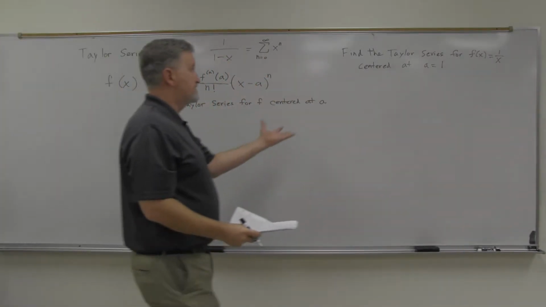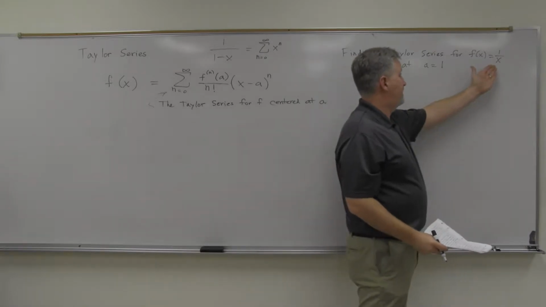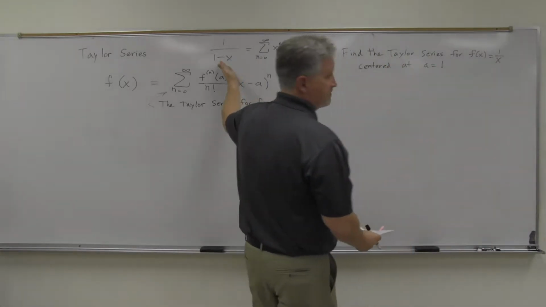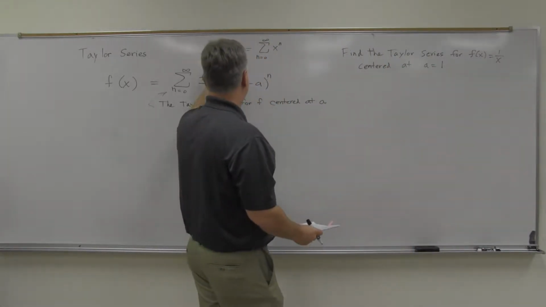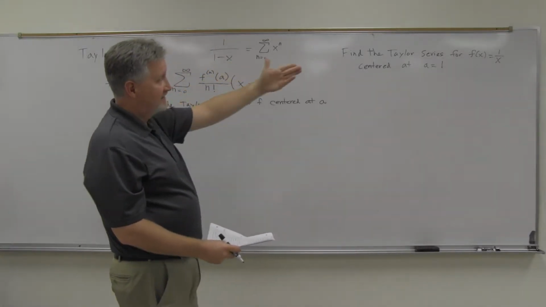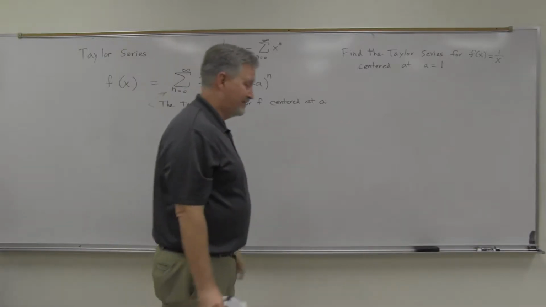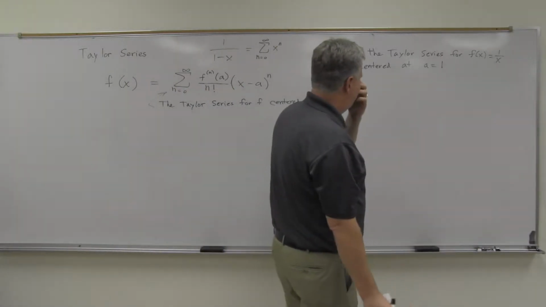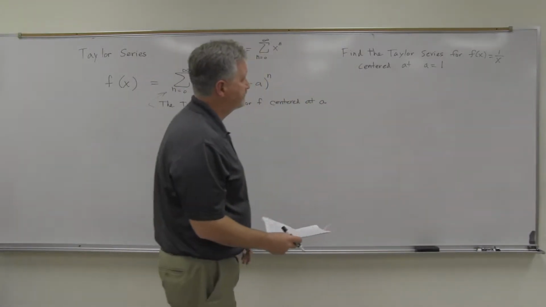This is the very first one right off the bat, and we'd have a hard time using the earlier form to do that, because in that form, you need it to be 1 minus x. That's going to be hard to do with 1 over x. So, anyway.